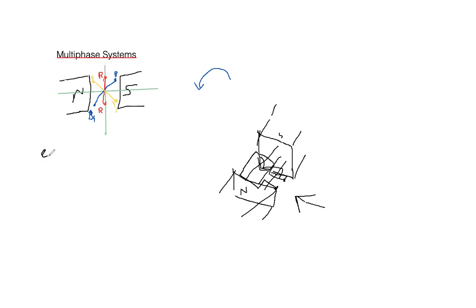And because these are instantaneous values, remember instantaneous values, we have to put the maximum here, we express it in trigonometric form, and then we have sine.